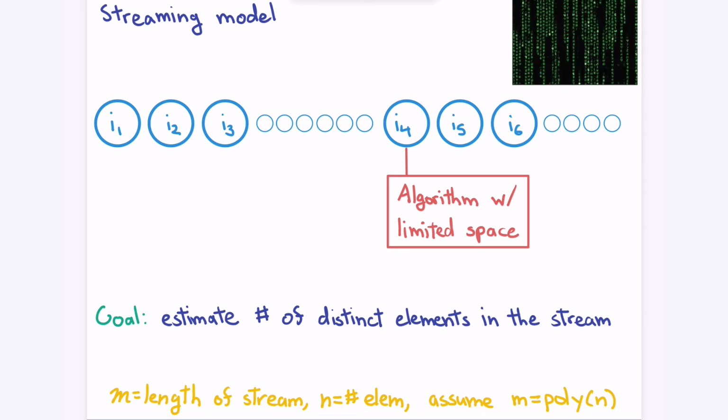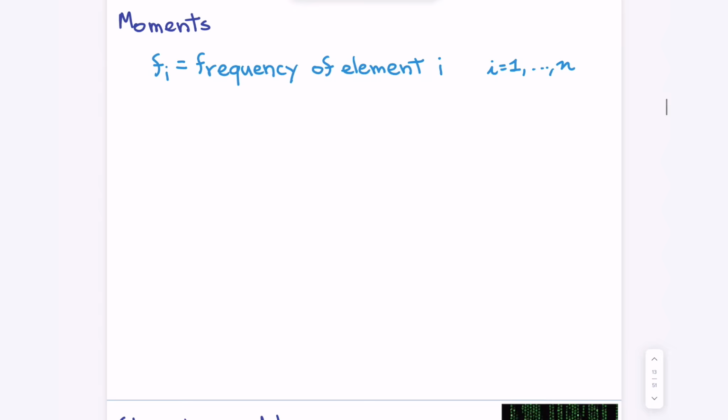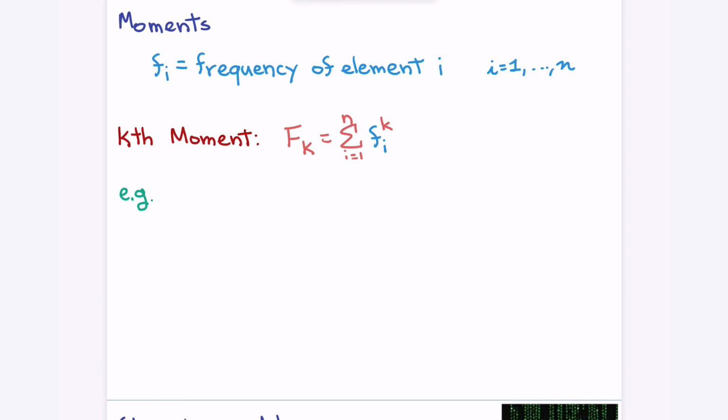Now, distinct elements is a special case of moment estimation. In general, for each element i, there's some frequency of how many times it appeared in the string. The kth moment is defined as the sum over all the elements of that frequency taken to the kth power.